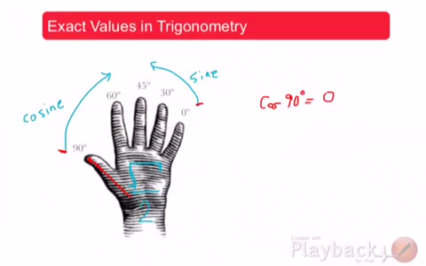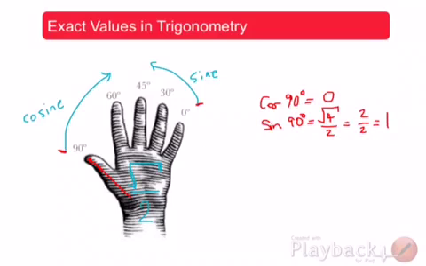So the sine of 90, sorry guys, hands are getting in the way. The sine of 90 degrees is equal to the square root of 4 all over 2, which is equal to 2 over 2, which is equal to 1. So we know the sine of 90 is 1.